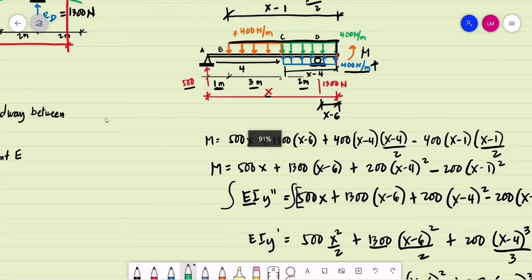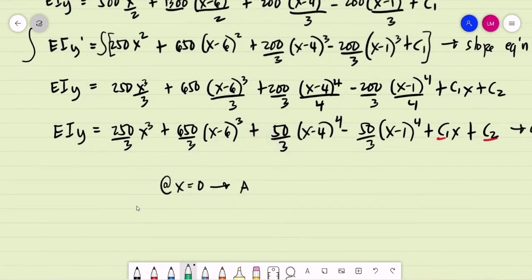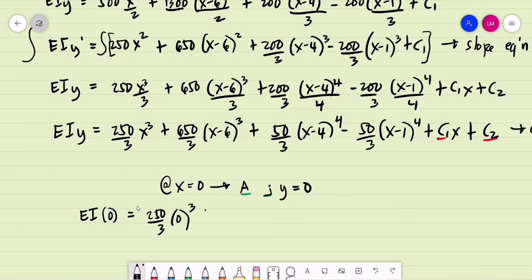Okay, so let's have at x is equal to 0, that is at point A. Take note that at point A is a support. So at support, take note that we don't have a deflection. That is y is equal to 0. So if we are to substitute from our deflection equation, that is, we have now EIy at A, y is equal to 0, 0 deflection. This is 250 over 3 times 0 raised to 3 plus 650 over 3.